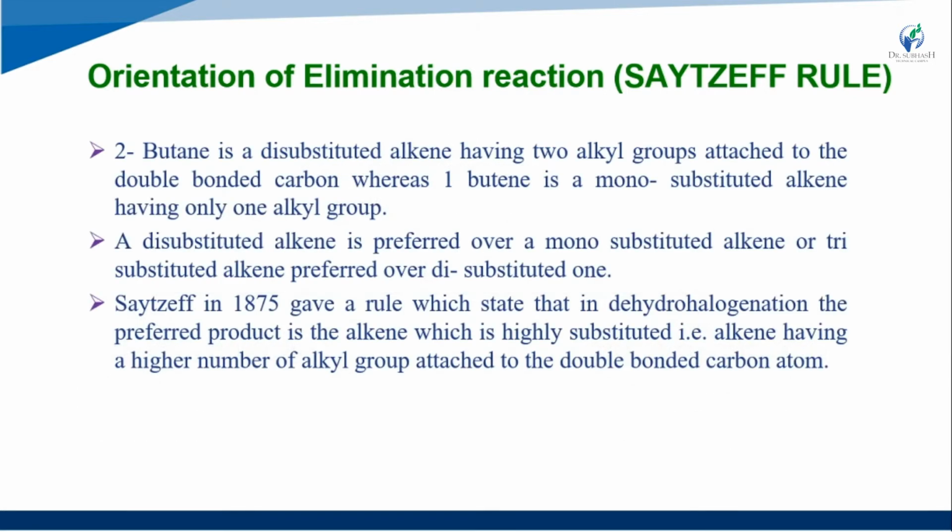Now, 2-butene is a disubstituted alkene, having two alkyl groups attached to the double bonded carbons, whereas 1-butene is a monosubstituted alkene, having only one alkyl group.